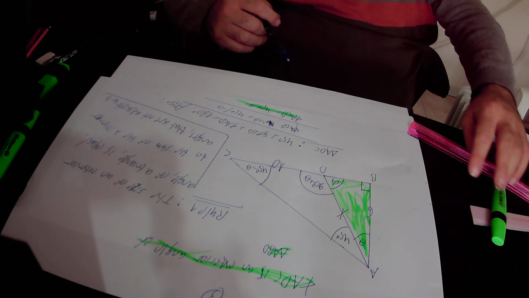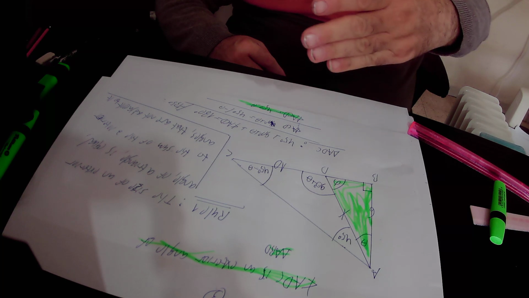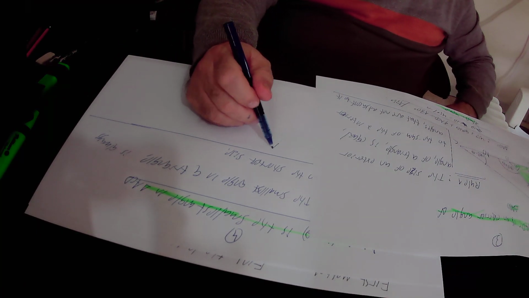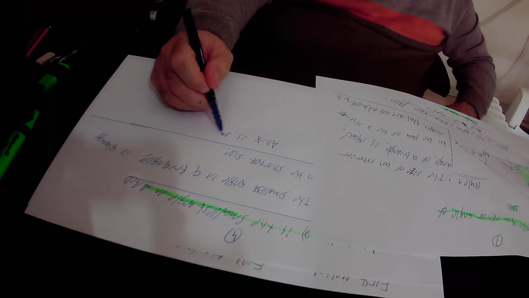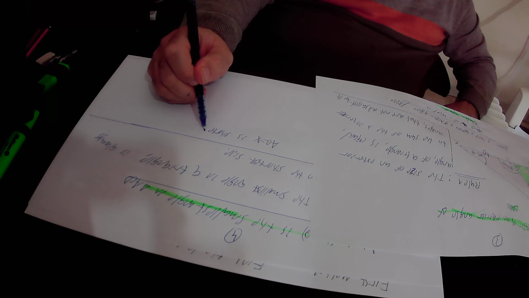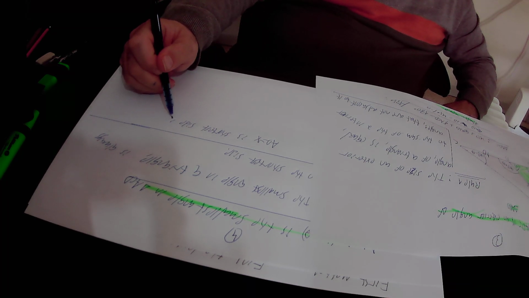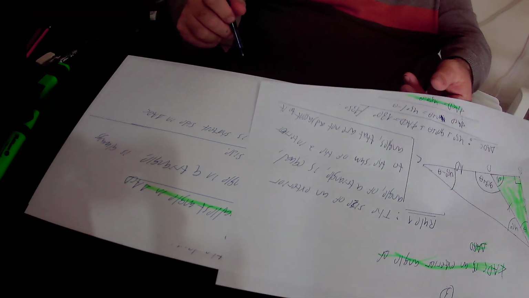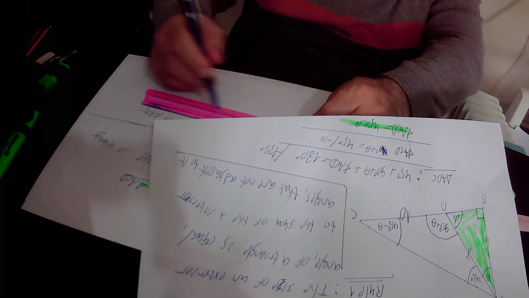That is to say, AD, that is equal to X, is the shortest side in triangle ADC. Okay?